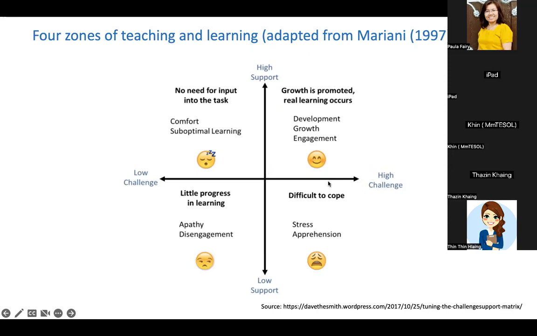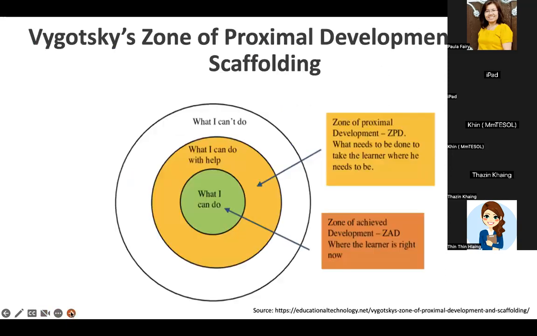So now let's move on to the next page. When we think about teacher support and teacher challenge, we cannot leave out Vygotsky's ideas of the zone of proximal development and also scaffolding.